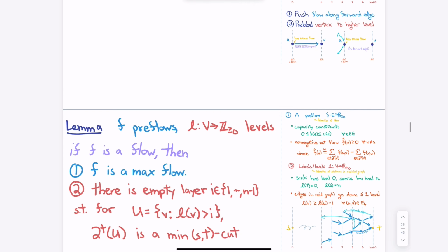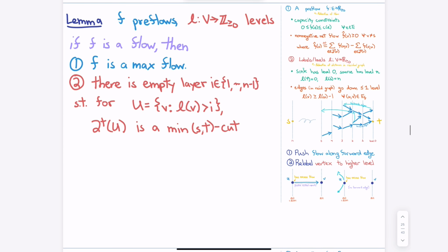So since we're out of time, I will mention the lemma that we'll try to prove next time. This will kind of establish why it's correct. Okay. So our claim is that if I can get to a point where F is a flow, okay, then A, it's going to be a max flow. So you have this pre-flow the whole time.